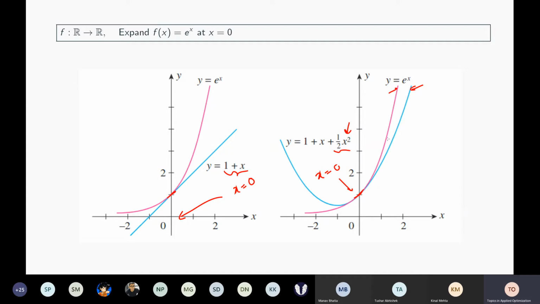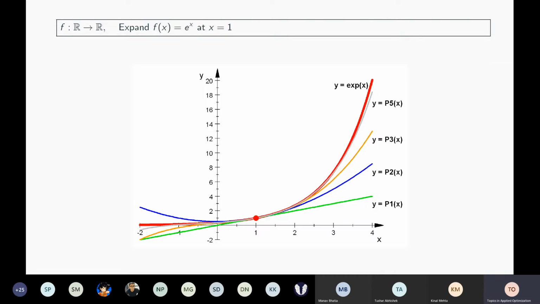So we can approximate e to the x at x equals 0 via this quadratic. And then similarly we can expand e to the x like this. If we stop at the first two terms, then this will be this. If we stop at the first three terms, then we have this, and four terms, and so on. So this way our approximation gets better and better to the given function e to the x.